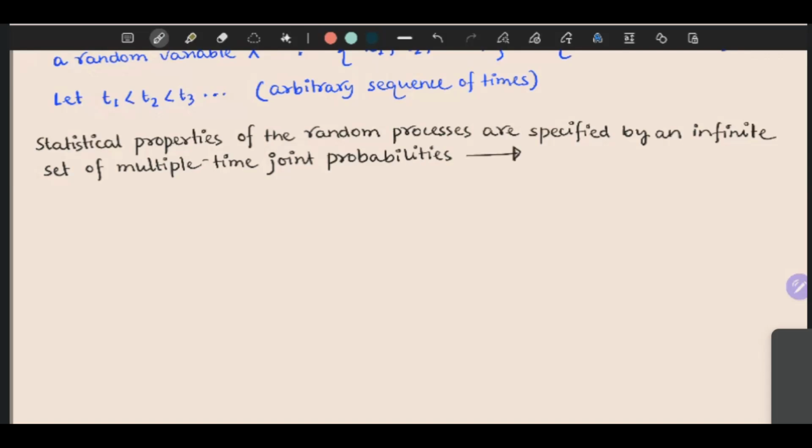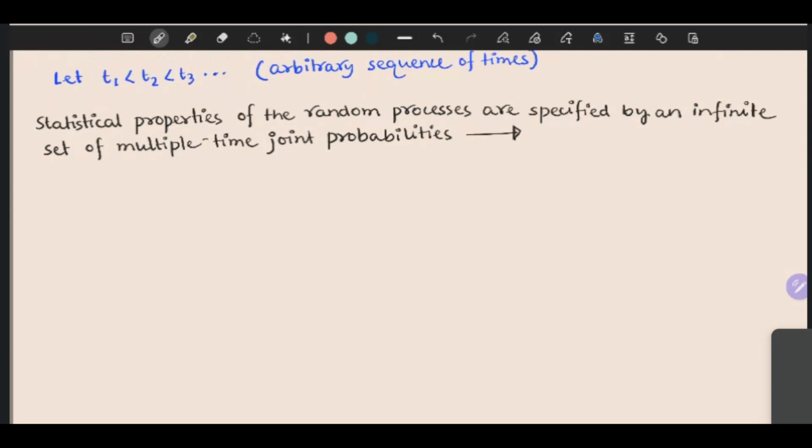Okay, so how will that be? That will be like: given this is happening, what is the probability of that happening at a later time.